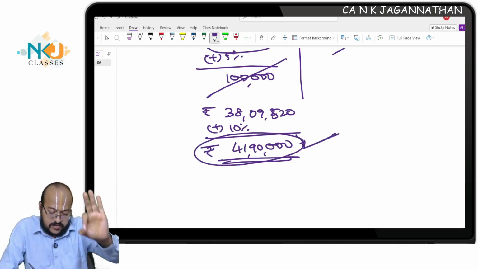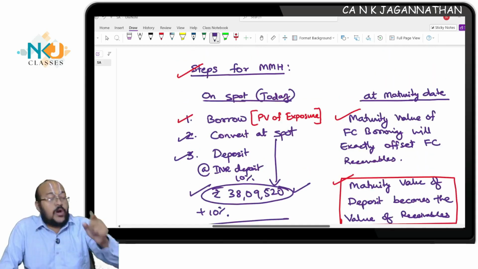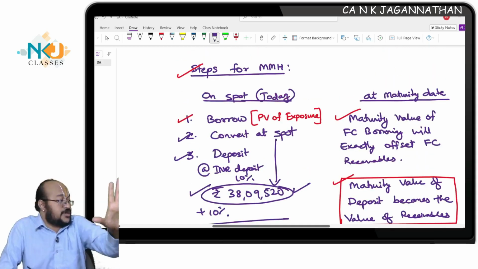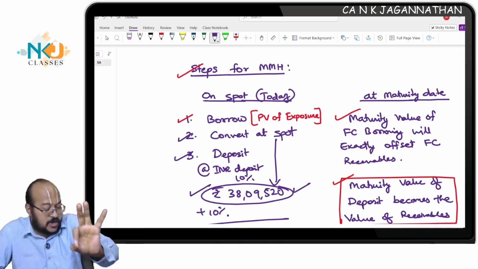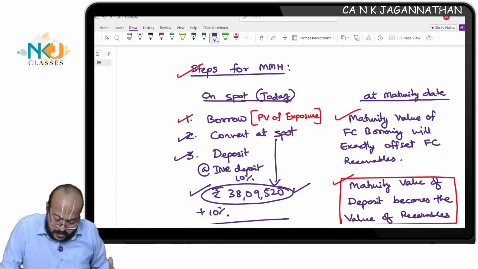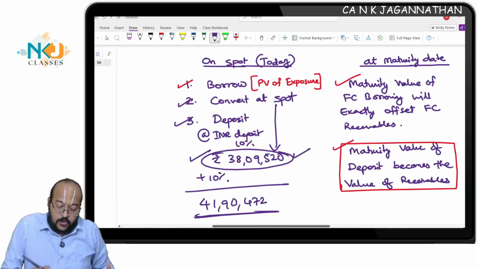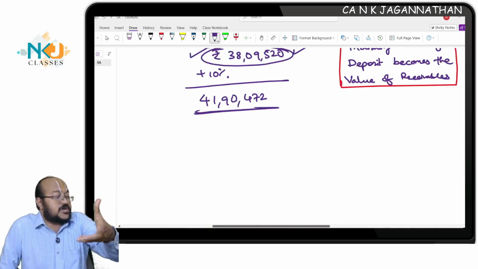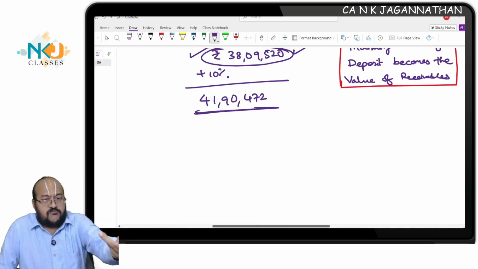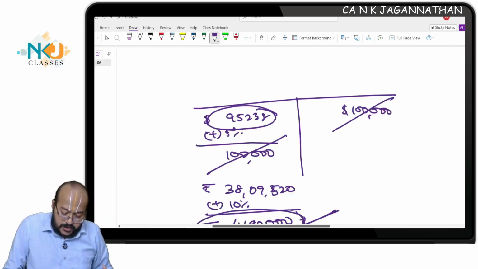If you don't go for hedging and leave your exposure open, what happened initially? A $1 lakh receivable was there. You don't know what the exchange rate will be after 1 year, which means you are exposed to foreign currency risk.